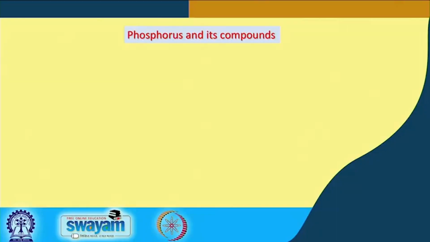So how can we get phosphorus compounds, and only phosphorus as well as its compounds?